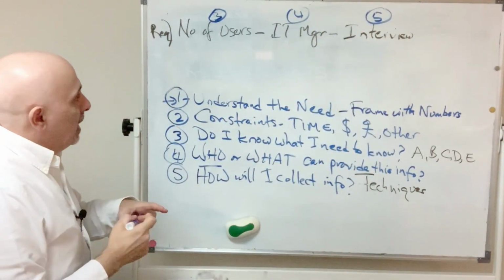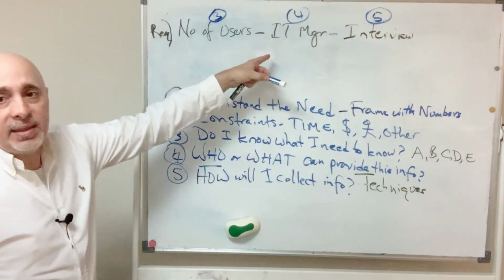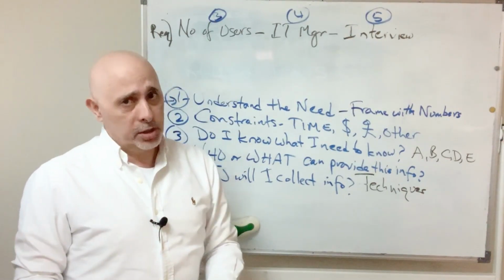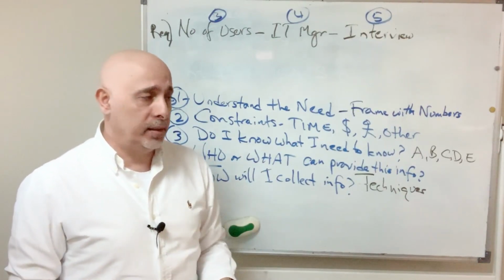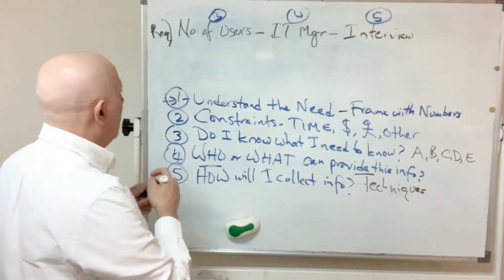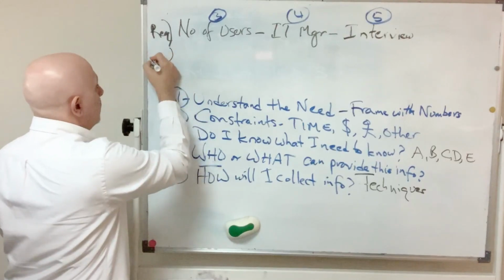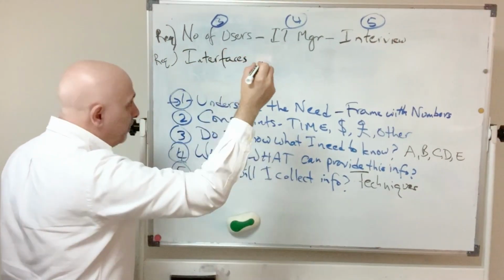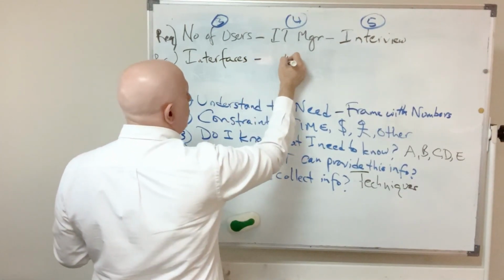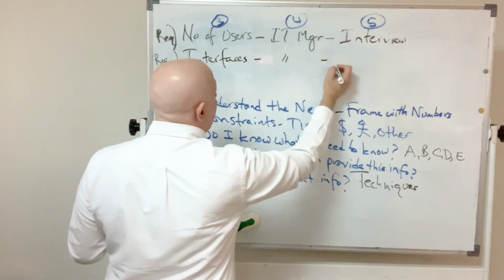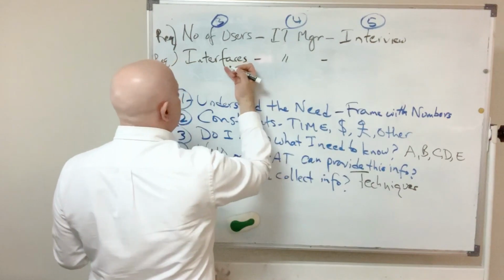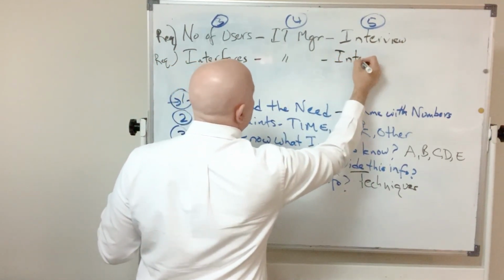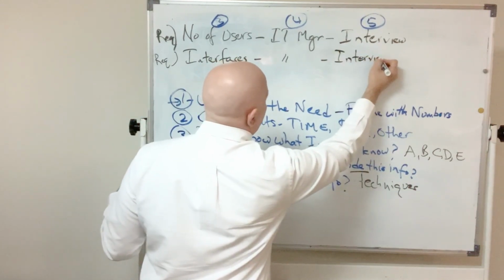All right. Now, this same IT manager probably is going to provide you information on the technology behind it or the interfaces required. So let's say your other requirement here is, so that's requirement number 2, interfaces. And you figured that it's also going to be the IT manager. And now the best way to get this information could be, let's say, an interview, right?